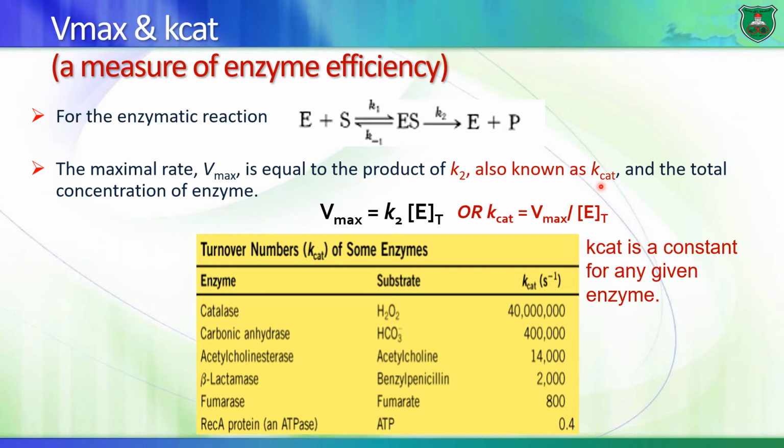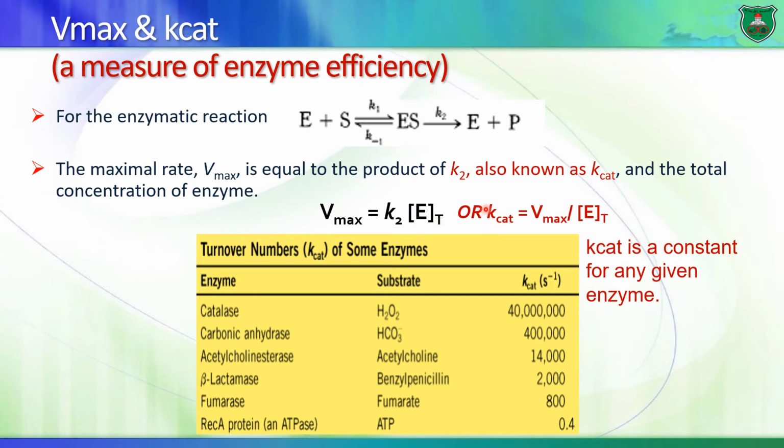And so Vmax would be related to the efficiency of the enzyme, as well as the total concentration of the enzyme, right? Because Vmax differs according to the concentration of the enzyme, but its catalytic efficiency is the same. So Vmax would be equal to K2 times the concentration of the enzyme.